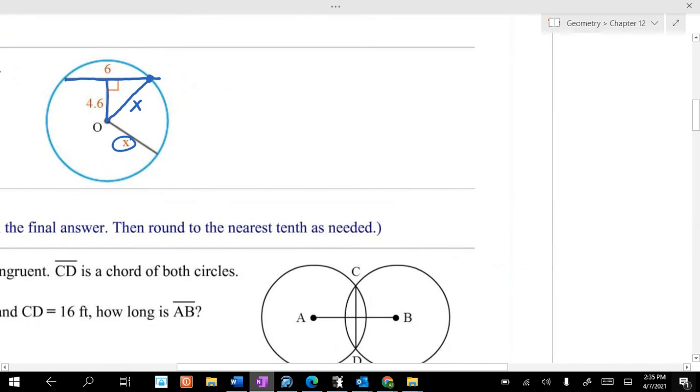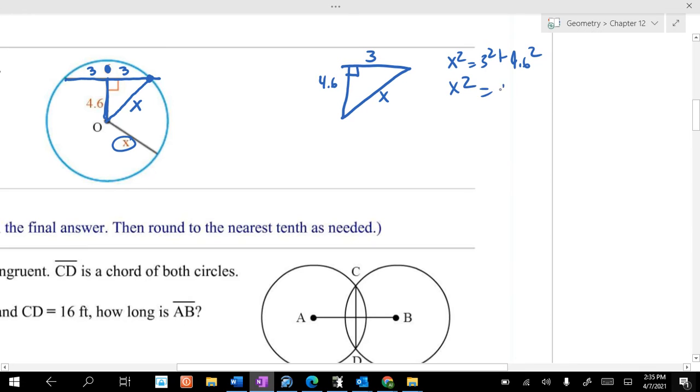So that's x. So since that's x, and this 6 I can split up into 3 and 3, all of a sudden this triangle here is a right triangle with 3, 4.6, and x. And how do I figure out x? Pythagorean theorem. X squared equals 3 squared plus 4.6 squared.